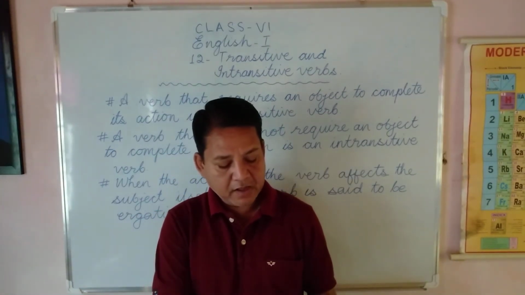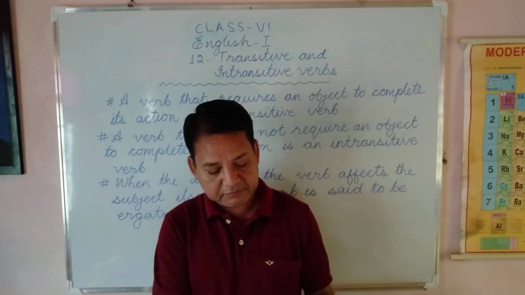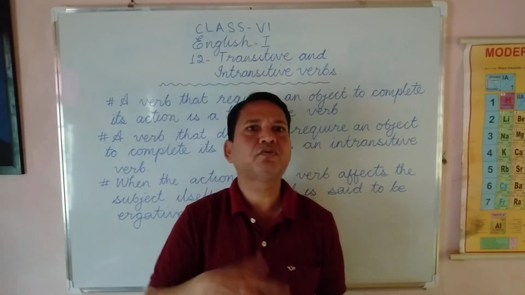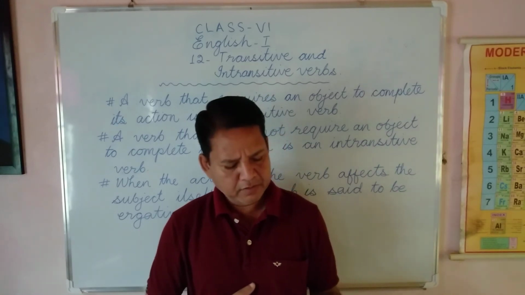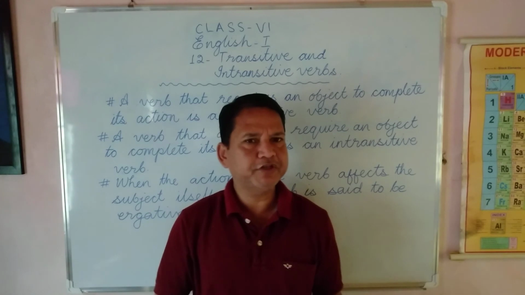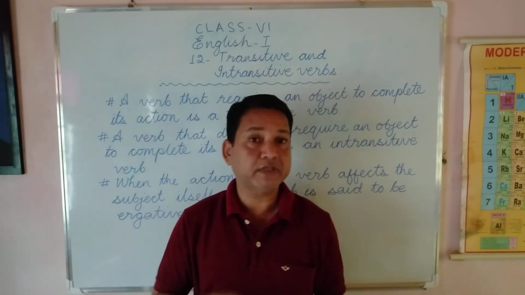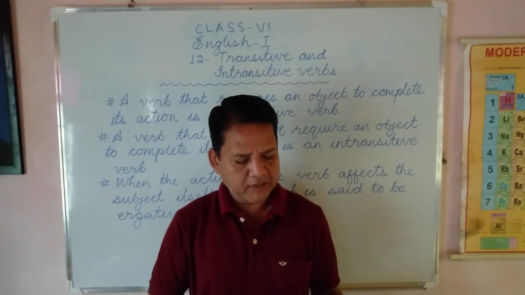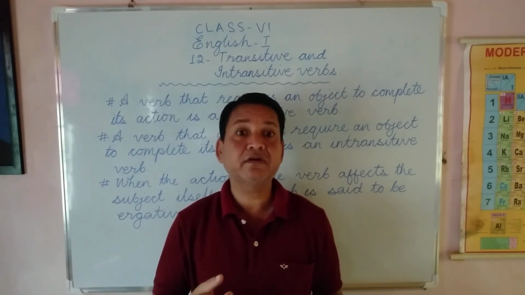Okay. Next. Page number 65. Exercise is there. Identify the subject, verb, direct object and indirect object. Subject, you know about whom or what we are talking. Verb is the action word. And direct object. What is direct object?